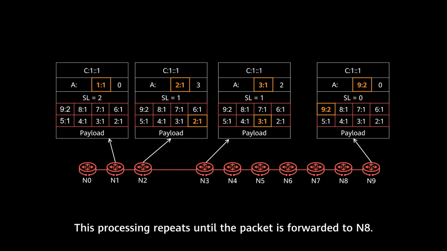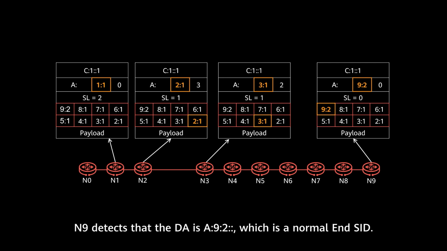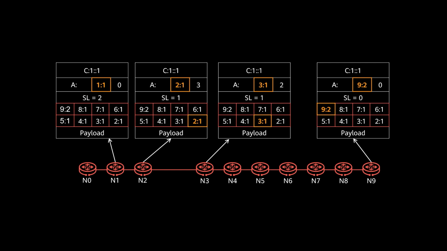This processing repeats until the packet is forwarded to node 8. When the packet is forwarded from node 8 to node 9, node 9 detects that the DA is a:9:2, which is a normal end seed allocated by itself. So node 9 will process this seed as a normal SRv6 processing and end the forwarding.